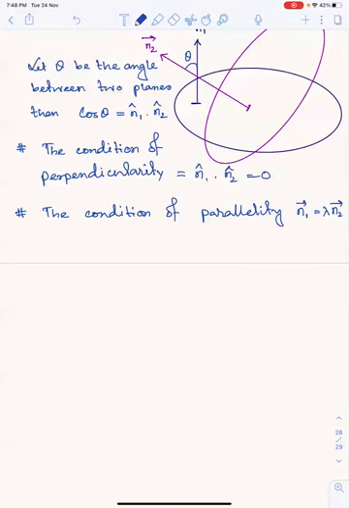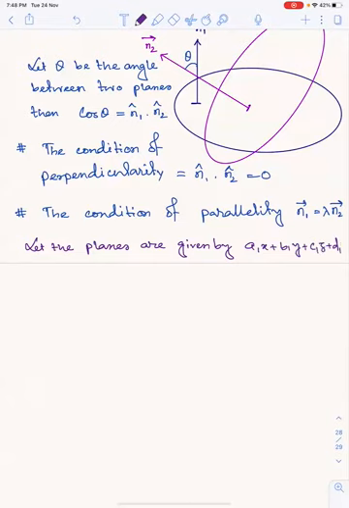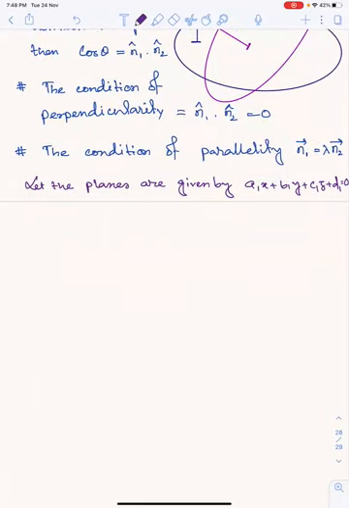So if we try to mark these things in Cartesian form, we can think of, let the planes be given by a1x plus b1y plus c1z plus d1 equals to 0, and a2x plus b2y plus c2z plus d2 is equal to 0.